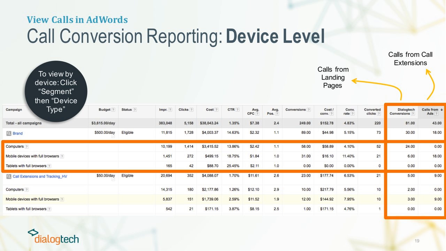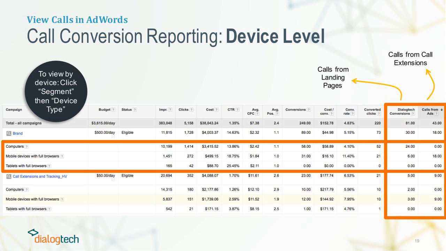Here you can see that a lot of my calls from landing pages come from computers, so desktop devices, and that's important. All of my calls from ads actually come from mobile devices. Again, that's really important, and that's going to fuel a lot of the different strategies I'm going to talk about. And then you can see tablets with full browsers.